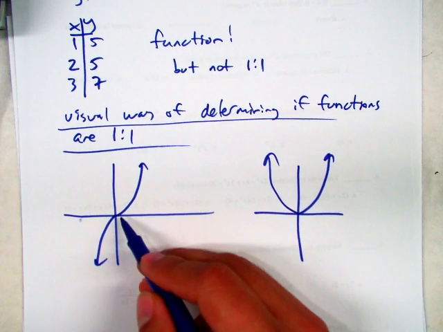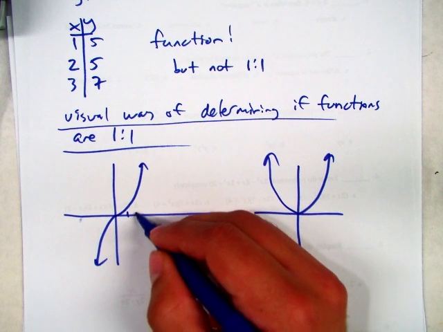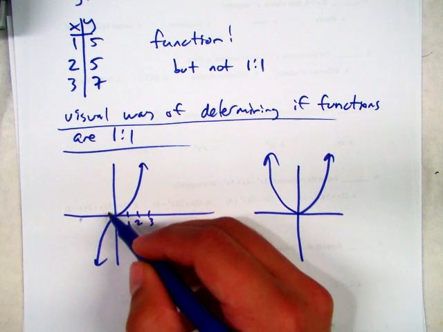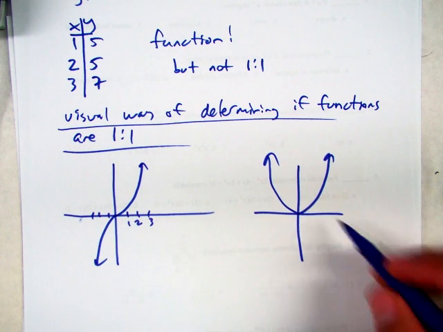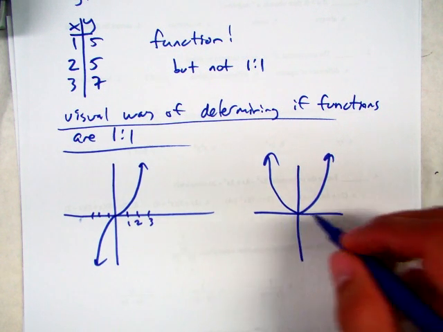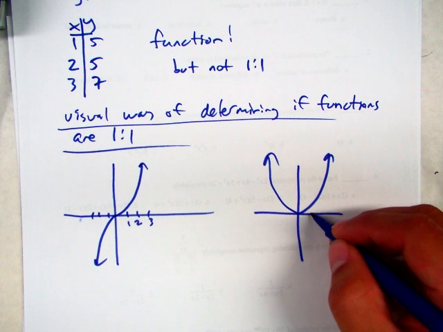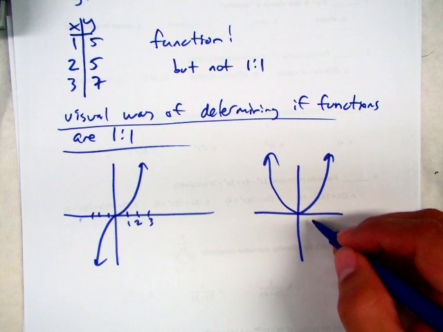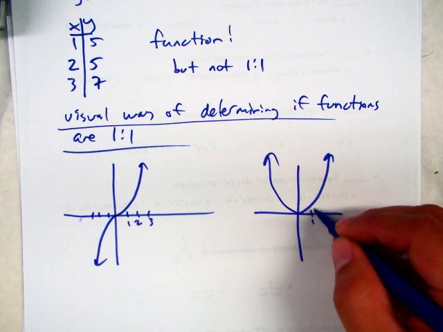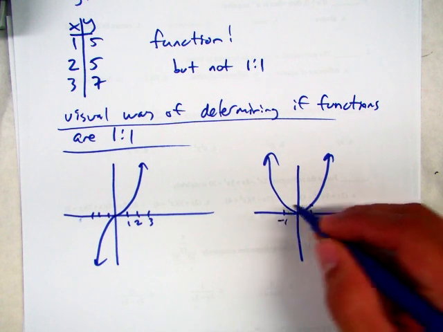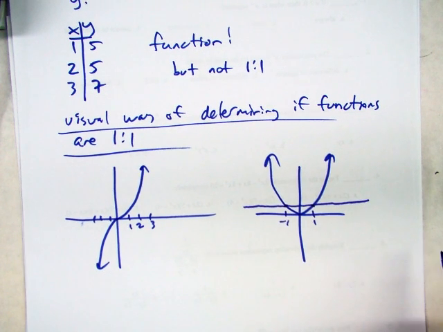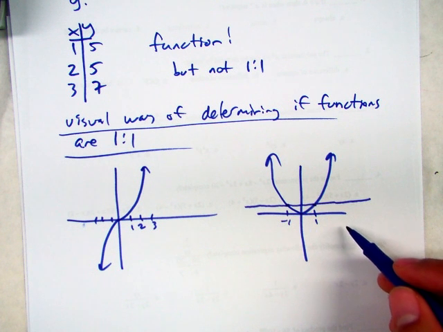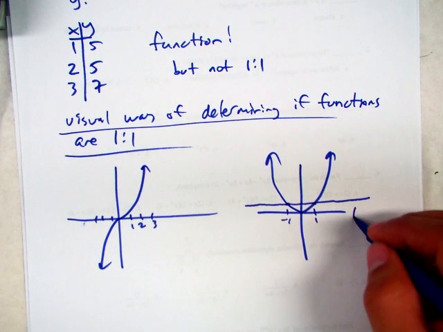So if I'm looking here at x equals 1, 2, and so on, and I go over here and look at the negatives. Will every x have a different y value? Yes. Okay. What about over here? Why not? Give me one example where the y values are the same. If I go to 1, and if I go to -1, you guys see how we have the same y values? What kind of line did I just draw? This is a horizontal line.